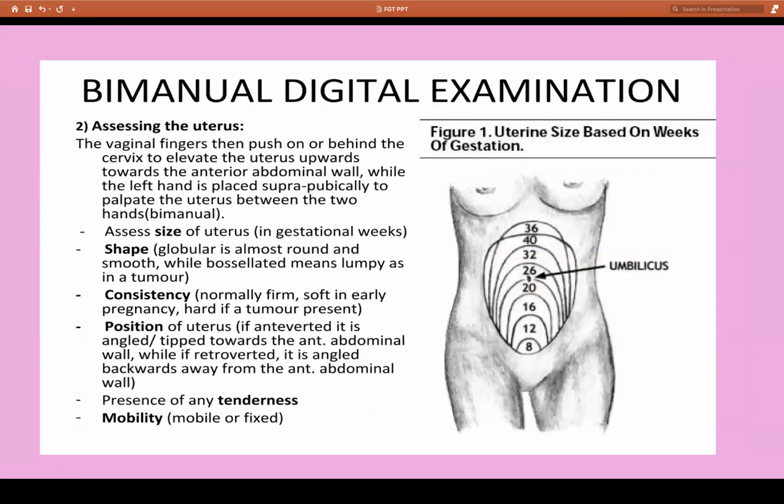And consistency: if you find any mass or uterine enlargement, then assess it according to size, like at the level of the umbilicus it's 22 weeks, just above the symphysis pubis is 14 weeks, 16 weeks. So assess it accordingly. And if there is any mass, then assess consistency, size, position, mobility, and tenderness.